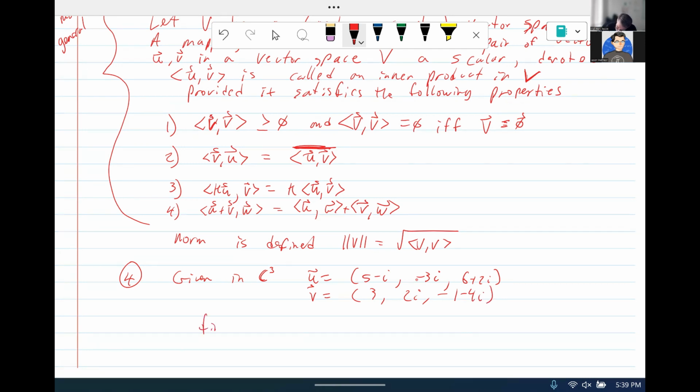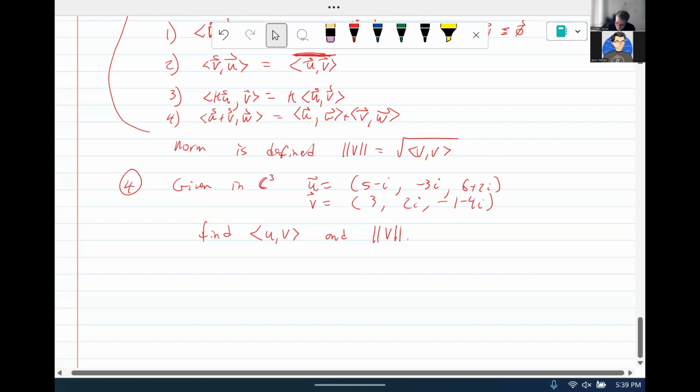Find the inner product uv and the norm of v. Given those two vectors, let's find the inner product and the norm.